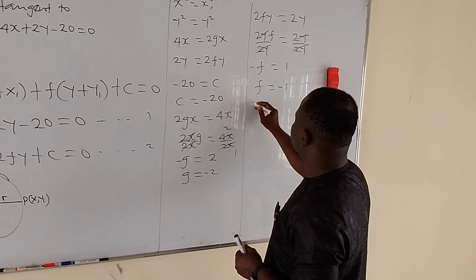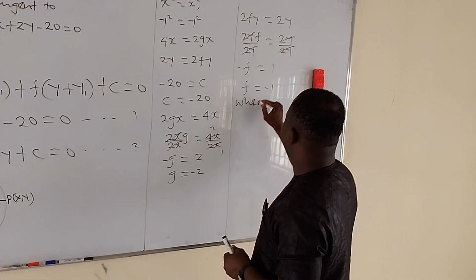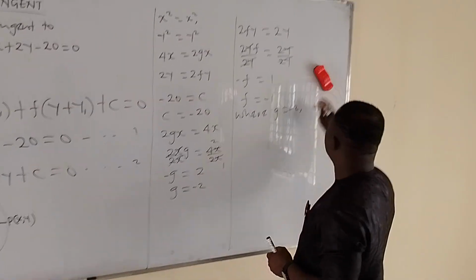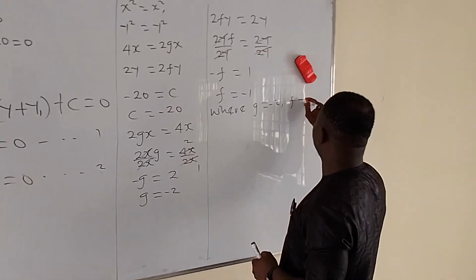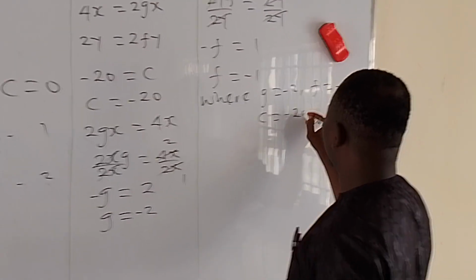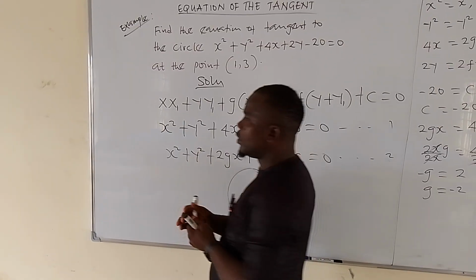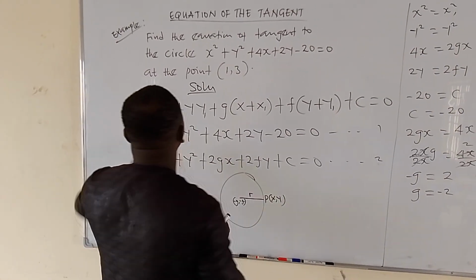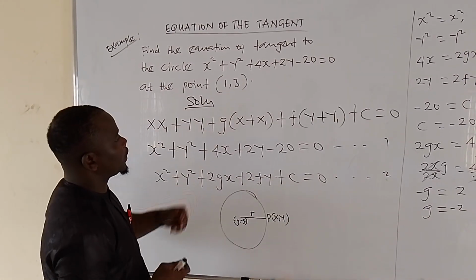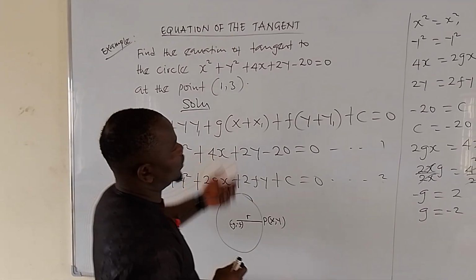So now we know that g is equal to minus 2, f is equal to minus 1, and c is equal to minus 20. It means that we have the points, true or false. Those points are x1 and y1.